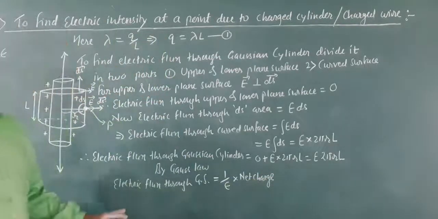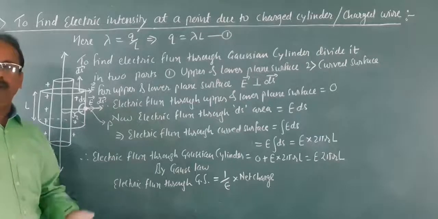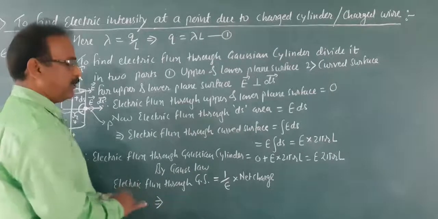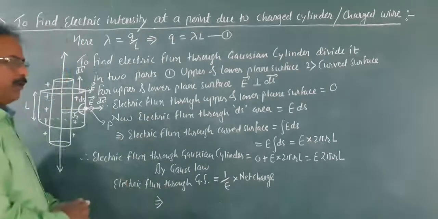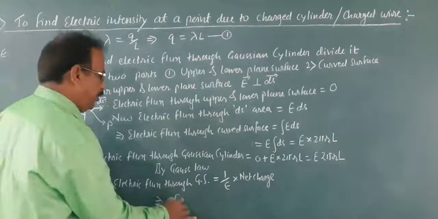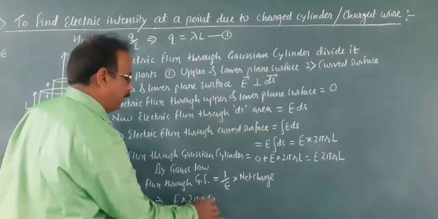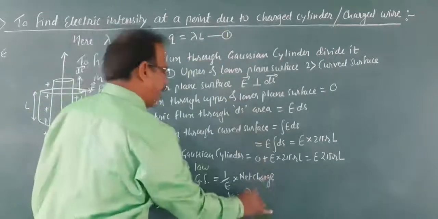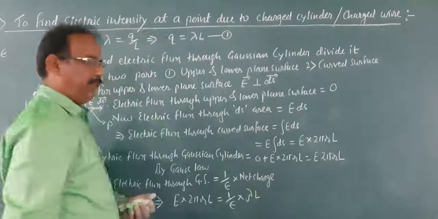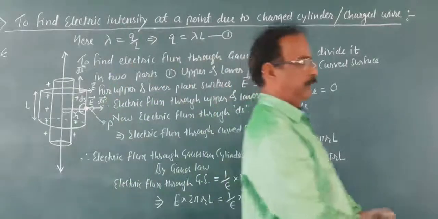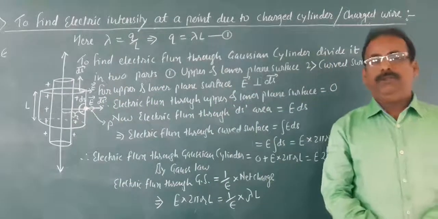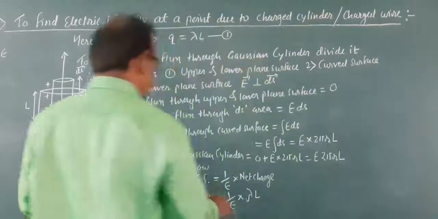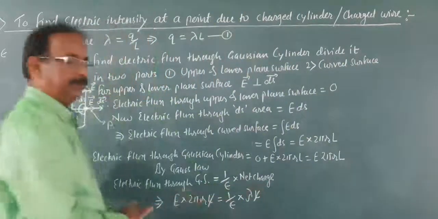The electric flux is E into 2 pi r L. Equate this to 1 upon epsilon times the net charge enclosed, which is lambda times L. Cancel L from both sides.